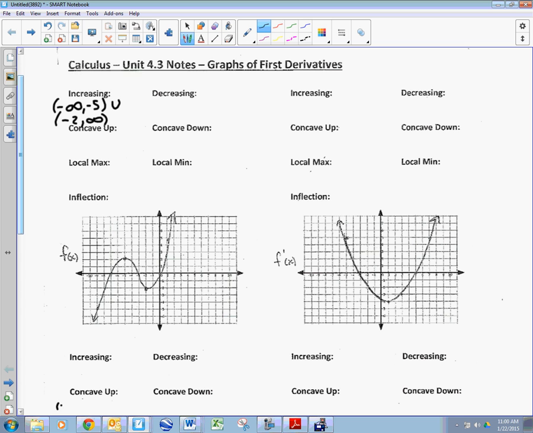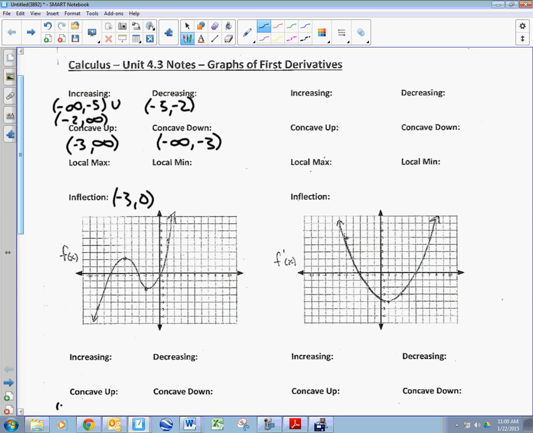Where is it decreasing? Very good. Concavity, approximately where do you see the point of inflection occurs? Approximately negative 3, 0. So that would mean that I'm concave down from negative infinity to negative 3 and concave up from 3 to infinity.